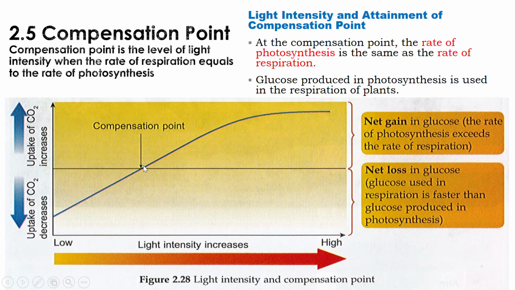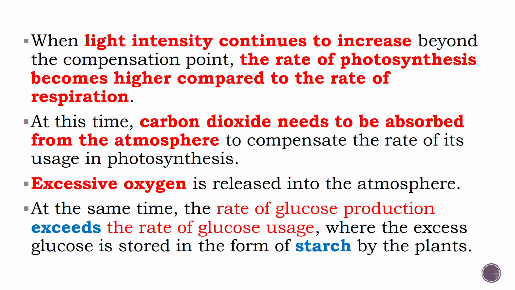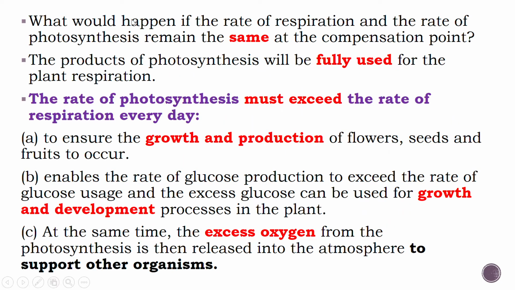What will happen? Is it good? If this is to happen, that means the products of photosynthesis, the glucose, will be fully used by the plant respiration. So that means cukup-cukup makan sahaja.